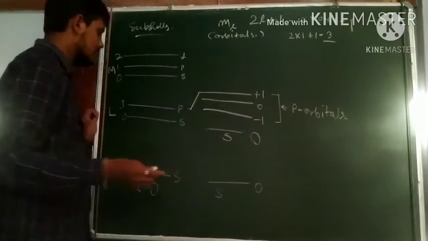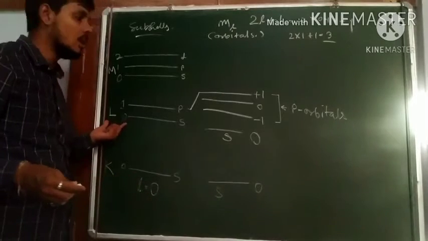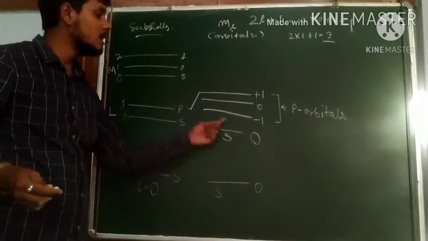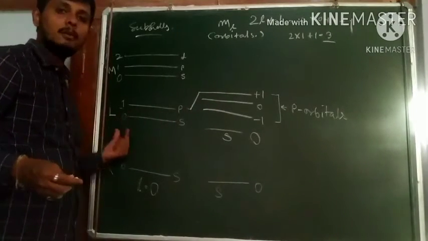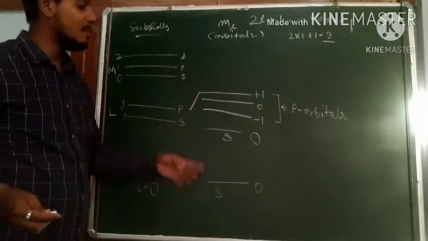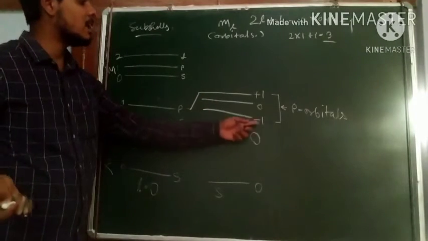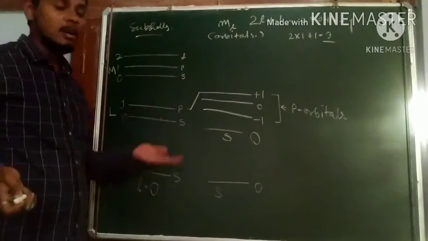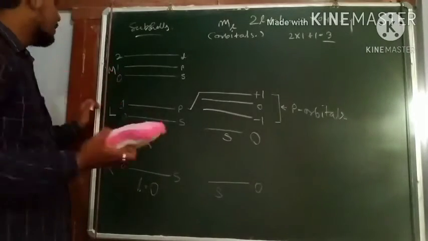So in the L shell we have one s orbital and three p orbitals, which means four values of ml: 0, -1, 0 and +1. For these values of ml we get four different orbitals. Now let us see the M shell.